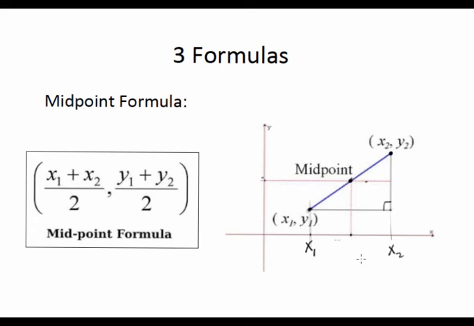Now, how do we find that middle number in between two numbers? Well, that's just the average. And it's the average x value. So how do you find the average of two x values? Well, you add them, and you divide it by 2. That's finding the average.